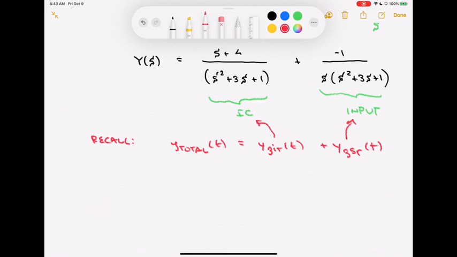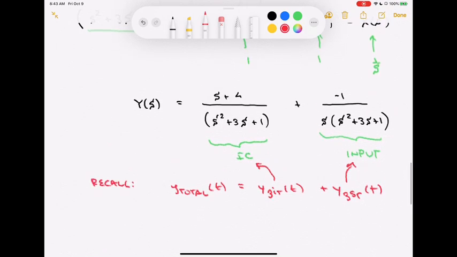So actually, if we are careful here, we don't get too excited about recombining terms. If I maintain the separation of those parts that came from the initial conditions and those parts that came from the input, I could actually use this to identify that this piece here is the transform of y's zero input response as a function of s.